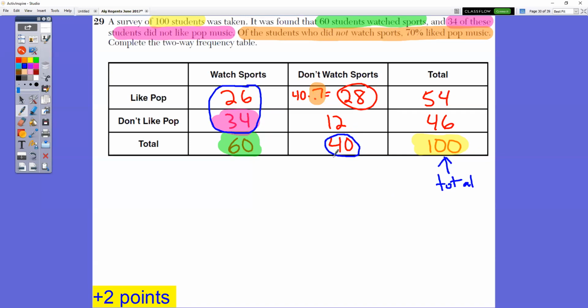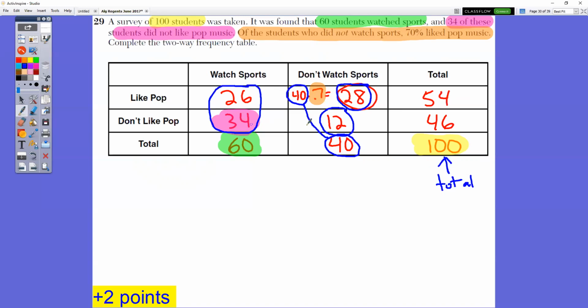Now that I know that that's 40, it says of the students who did not watch sports. Well, how many students did not watch sports? 40 didn't. And it says that 70% liked pop. So you need to multiply the 40 times 0.7 or 70% to give you your 28 students. Now that I got my 28, now I can figure out this 12, because 40 minus 28 is 12.